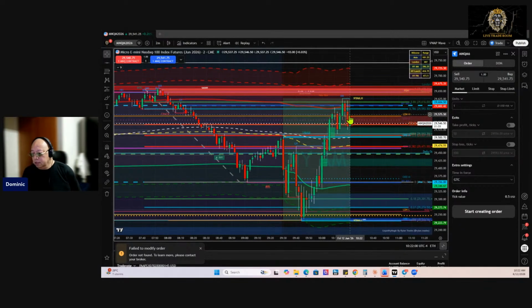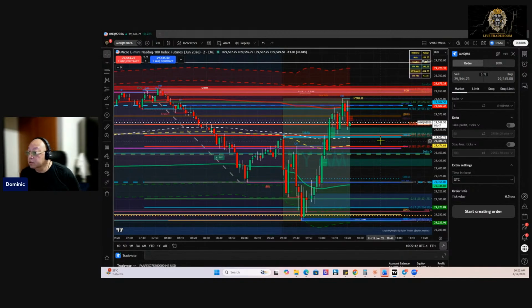So basically, this is going to test. Let's see. Here's the fair value gap, right? So let's see what happens here. And here's the orb, right there.